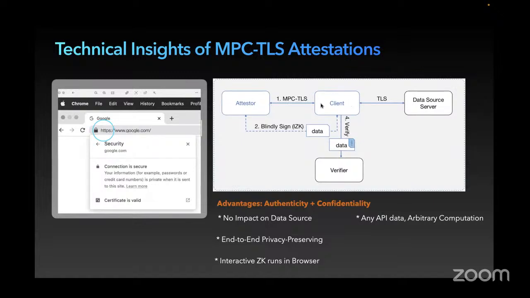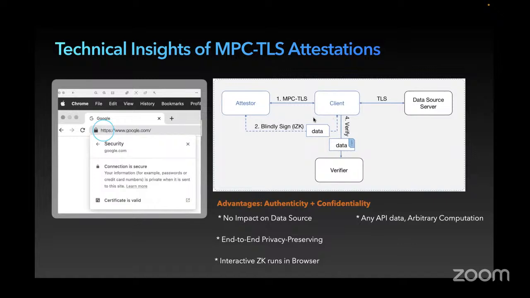But in this MPC protocol, the key is split into two parts, one held by the attester and one held by the client. If the client can correctly prove to the attester that a piece of encrypted data really comes from the TLS channel, then the attester does some blind signing, running what we call an interactive zero-knowledge proof protocol, to make sure the data is correct and authentic.